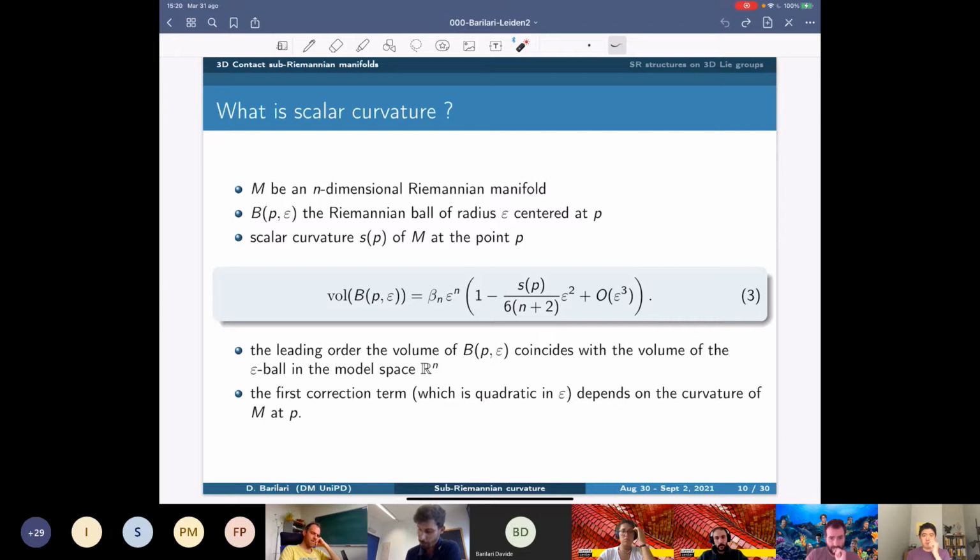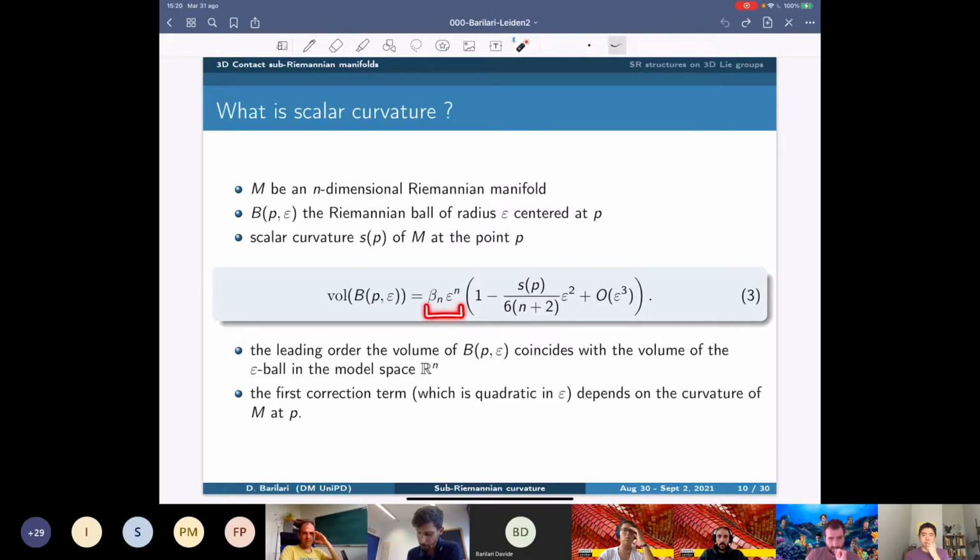If you take a Riemannian manifold of dimension n, and you denote by B_p(epsilon) the Riemannian ball of radius epsilon centered at p, and S(p) the scalar curvature at that point, then we have this well-known formula for the volume of a small ball, asymptotic when epsilon goes to 0.